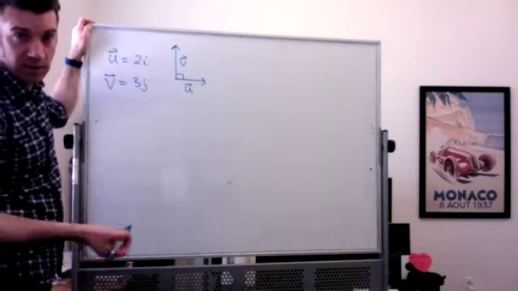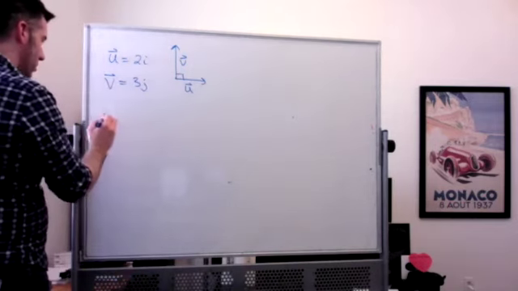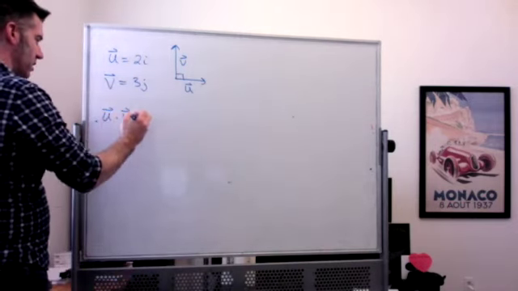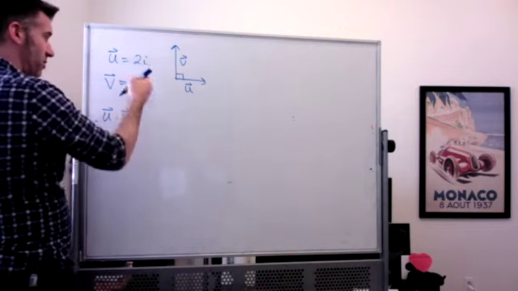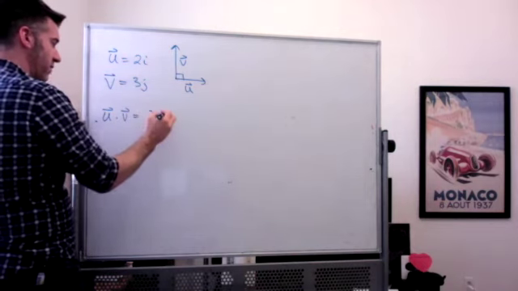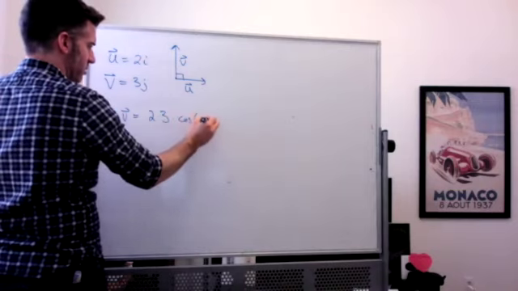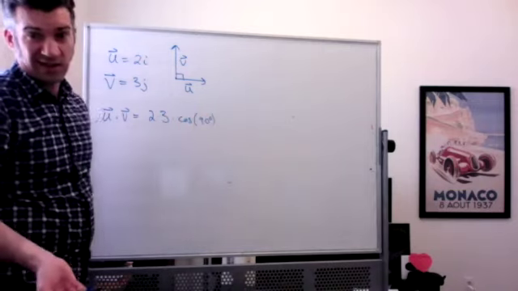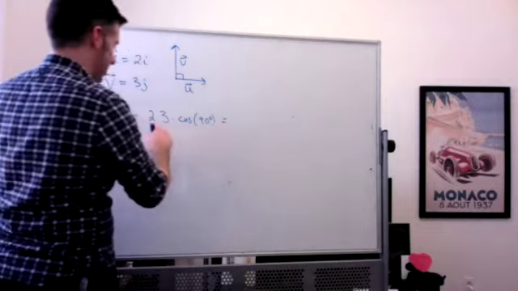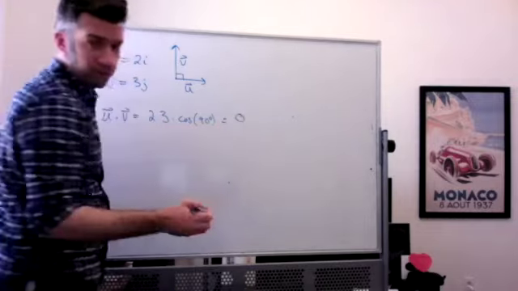And the angle between them is 90 degrees. Well, now u dot v is equal to, still the magnitude of u is 2, the magnitude of v is 3, but the angle between them now is 90 degrees. And cosine of 90 degrees is 0. So that's going to be 2 times 3 times 0, which is 0.